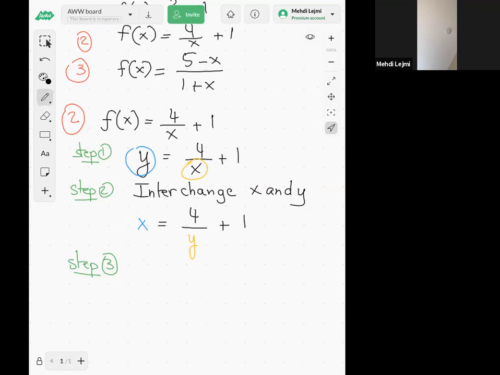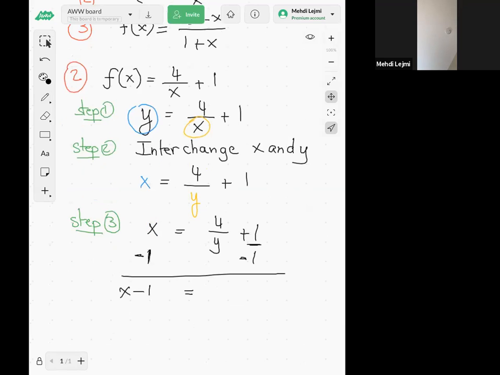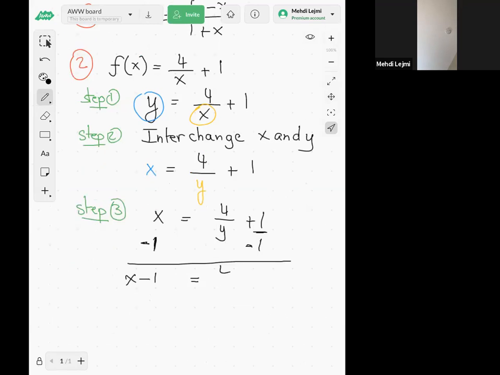So you have x equals 4 over y plus 1, right? First you want to get rid of this plus 1, so we're just going to subtract 1. Now it's going to be x minus 1 equals 4 over y.